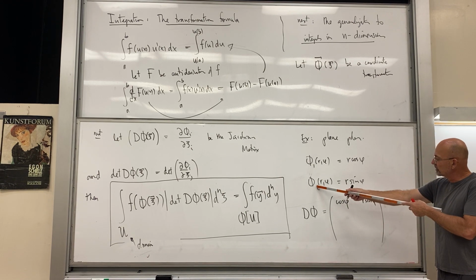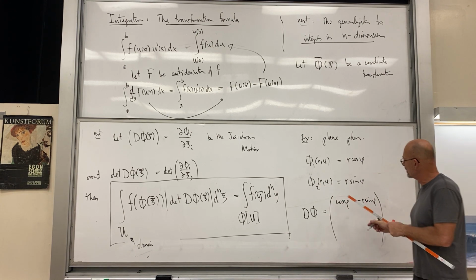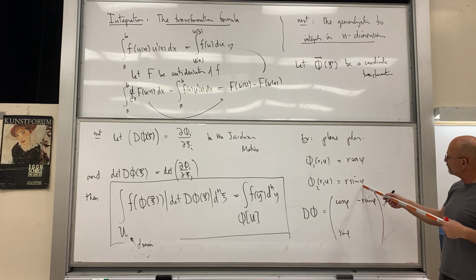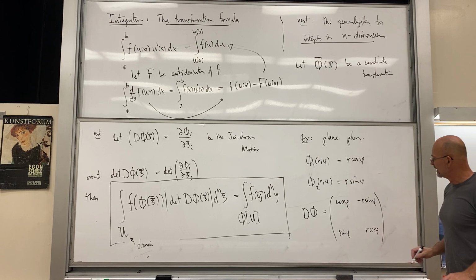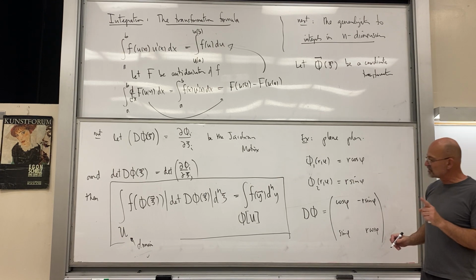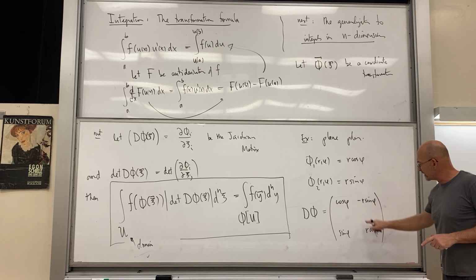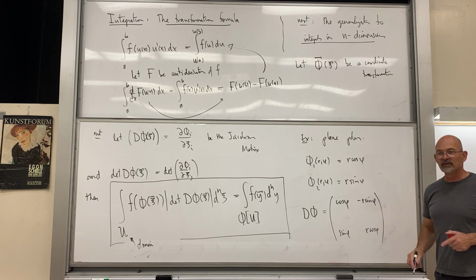D phi sub 2, I'm doing the 2, 1, so d phi sub 2 dr is equal to sine of phi. D phi sub 2 d phi is r cos phi. So that's that transformation matrix. And of course, its determinant, r cosine squared phi minus negative, so plus r sine squared phi. So it's just equal to r.